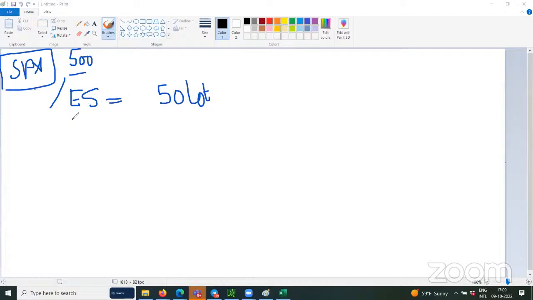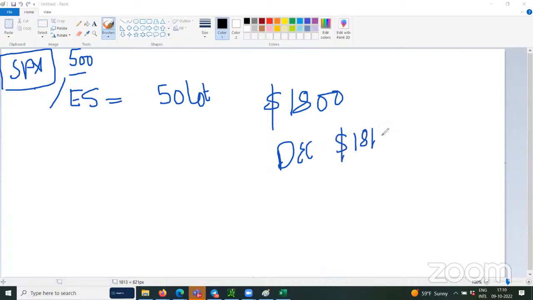I'll give you an example of futures from gold. Let's say gold today rate is $1,800 per ounce. It has a December future which is running at $1,810.